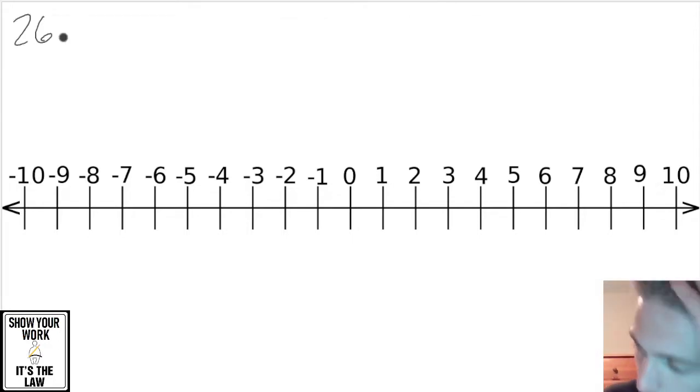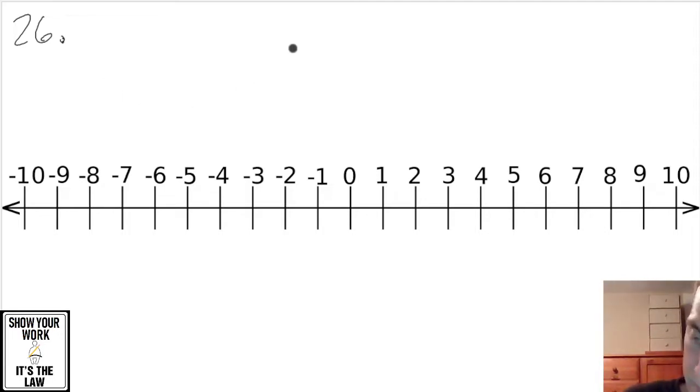26. The faculty team scored less than half as many points as the varsity team. So if you struggle with turning it into English, let's change the language a little bit. Think about the noun, points. That's what we're measuring, points.